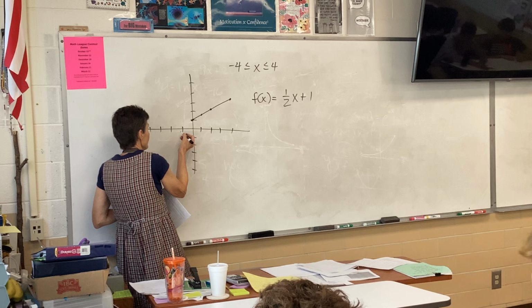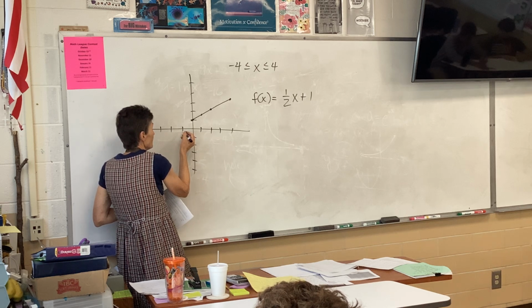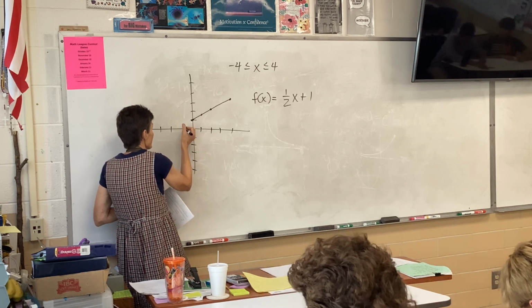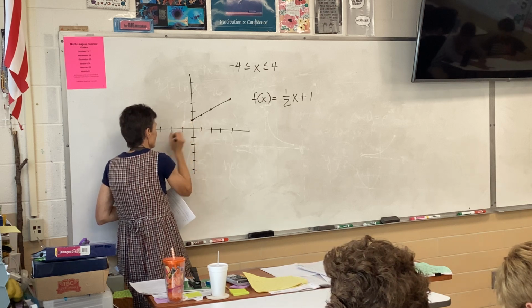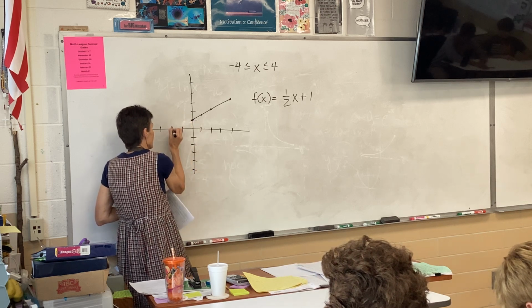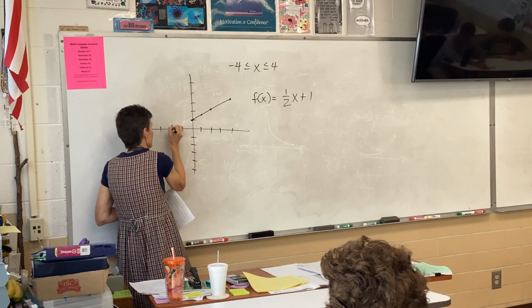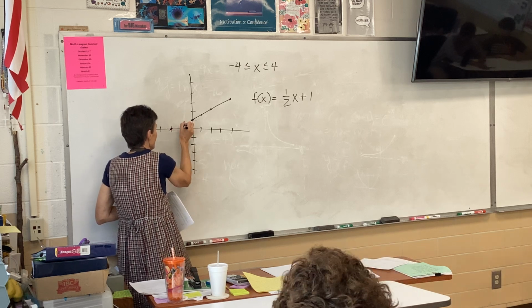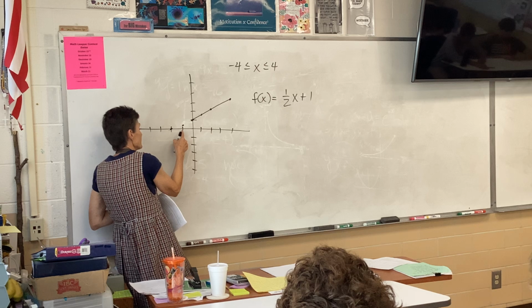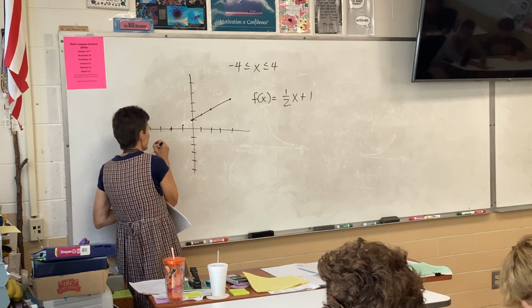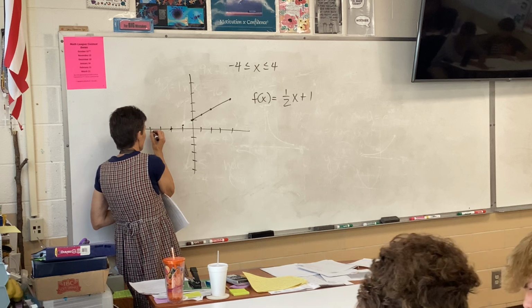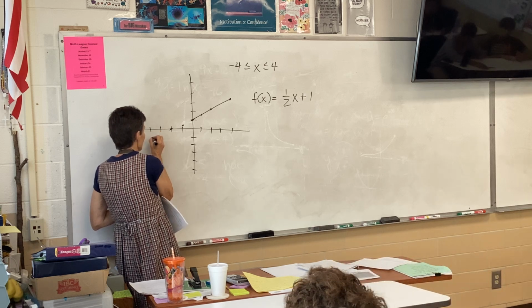Half of -2 is -1, plus 1. Half of -1 is -1/2, plus 1 is 1/2. Half of -4 is -2, plus 1.